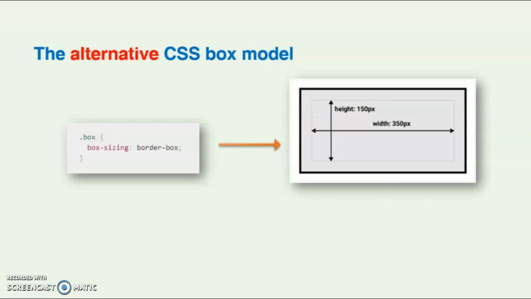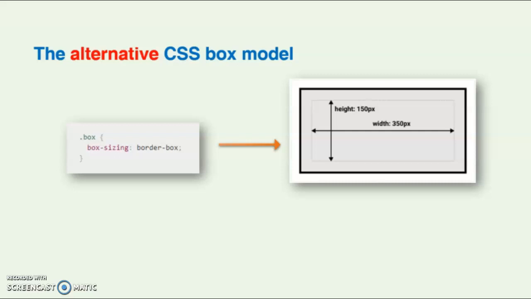You might think it is rather inconvenient to have to add up the border and padding to get the real size of the box. You would be right. For this reason, CSS had an alternate box model introduced sometime after the standard box model.